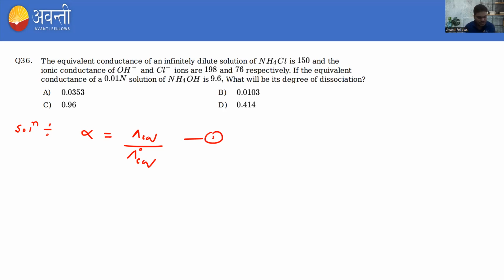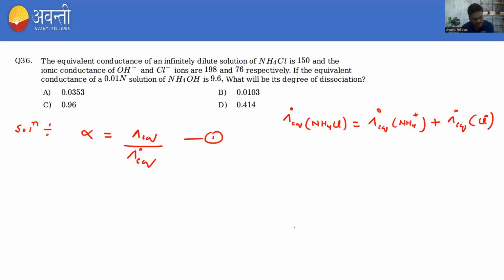Okay. So we know that for the calculation of lambda naught equivalent we use Kohlrausch's law. Let us calculate for ammonium chloride. Ammonium chloride we can write as the equivalent conductance of NH4 plus plus the equivalent conductance of Cl negative.